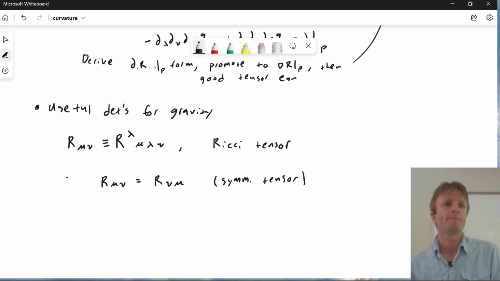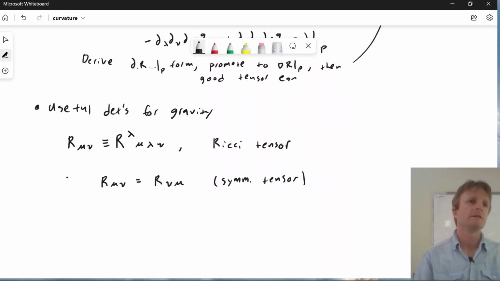Yeah? This now has 2 indices. It has 16 components. Where did the other 4 independent components go? Well, it's symmetric, so it has 10. But what's the question? Where do the other components go? Well, we talked about how in 4 dimensions there's 20 independent components for the Riemann tensor.